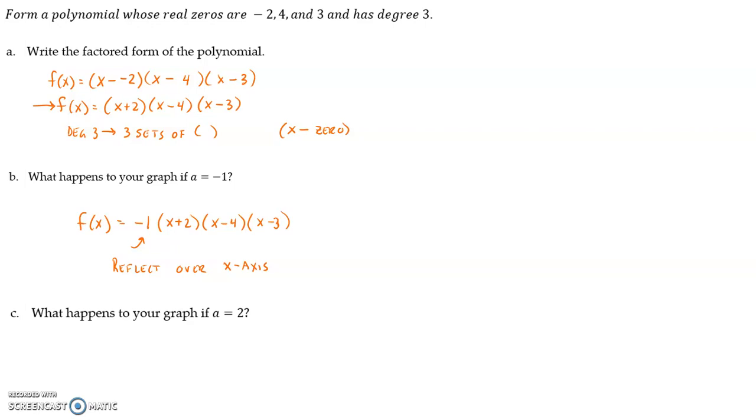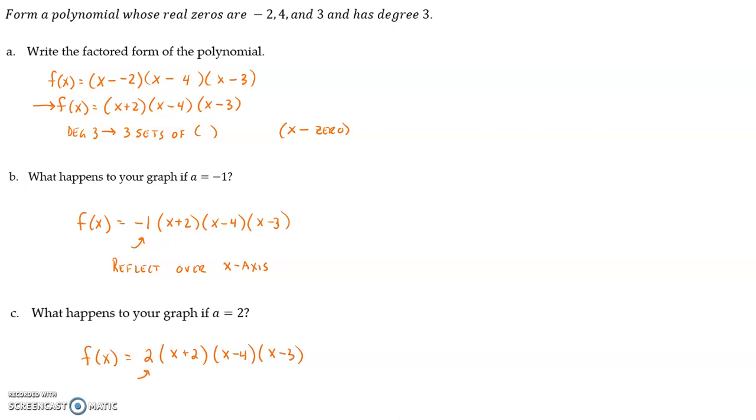For part C, we want to know what happens if our a value is 2. Right, so this time that a value out in front is going to be a +2. So here's our function.